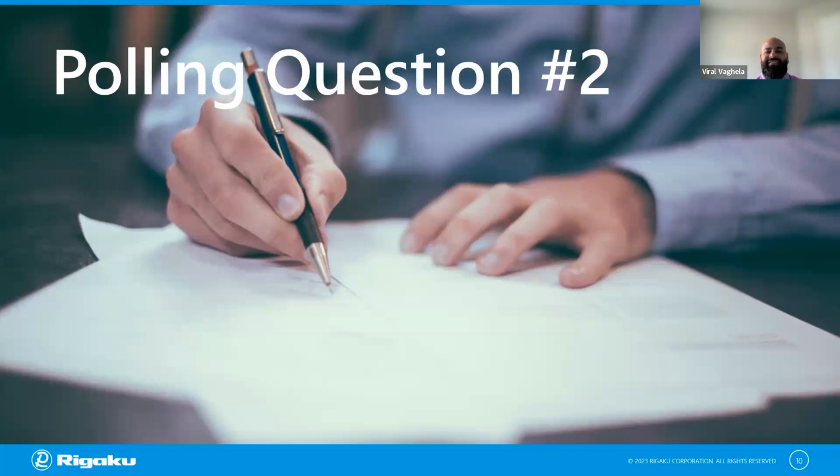Polling question. The next one is a question for the audience. So let me start question number 2. The question for you is, which aspect of the modeling and design process of a filter media is the most challenging for you?